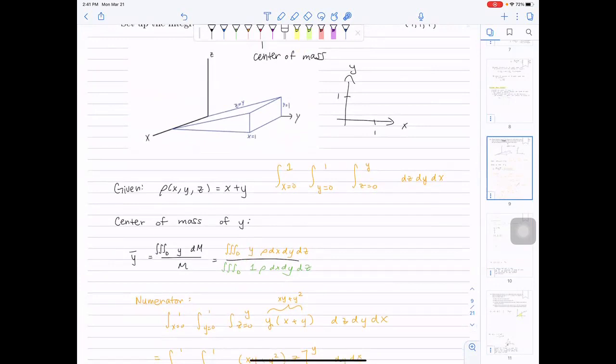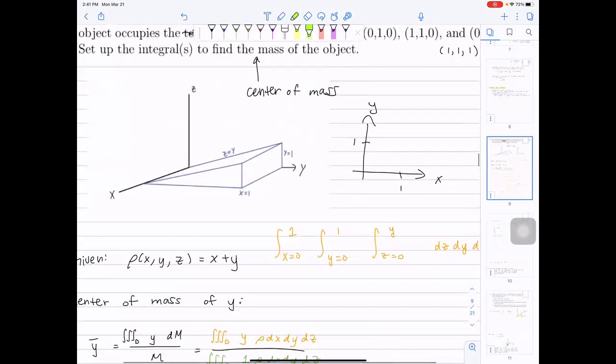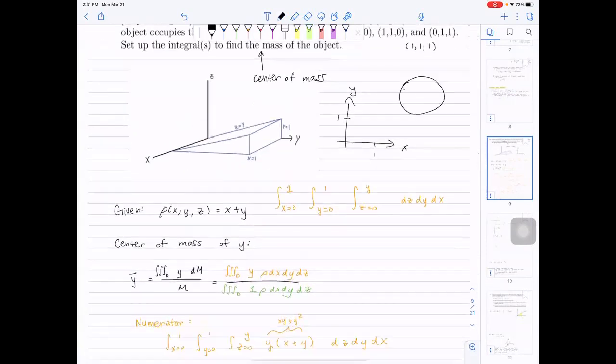It was uniform density, so we knew it could be symmetrical. Oh, if the density is 1? Yeah. Okay, that makes sense. If the density is 1 and you had a sphere, for example, you can imagine the center point is the origin. So I guess then it would be symmetrical there.